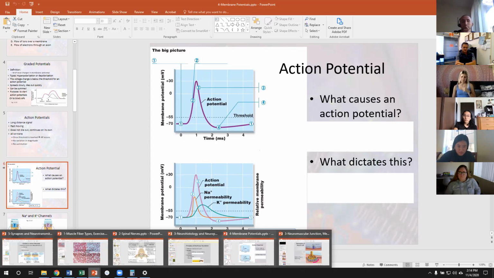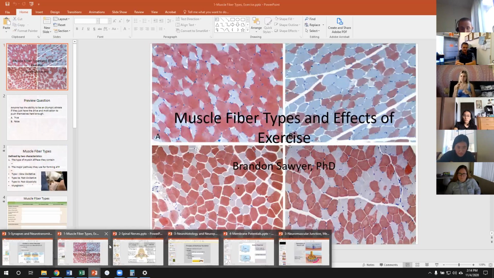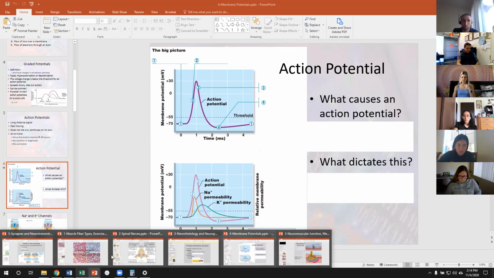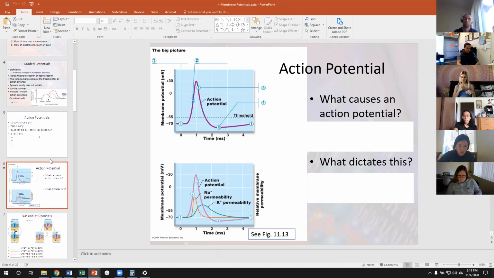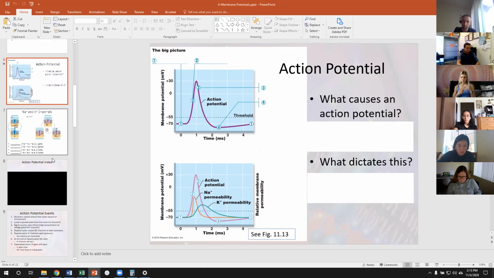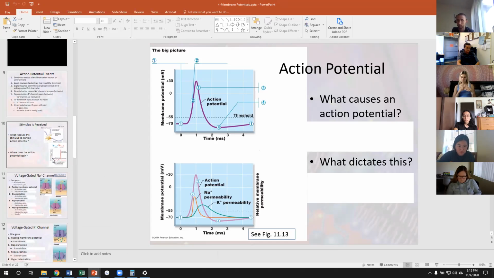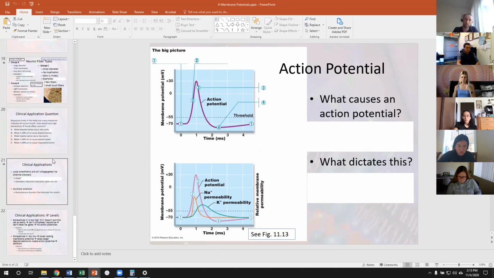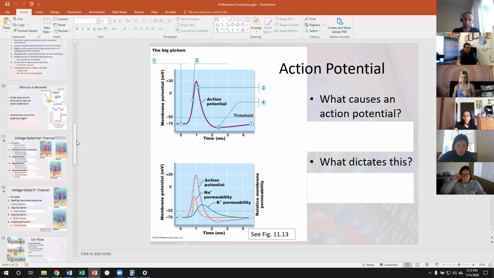Are you talking about a specific day of class? It's on the membrane potentials. Okay, membrane potentials. Sorry. Just understanding the part where we were talking about the second messenger system. I remember how you said we didn't need to know the specifics, but just getting a general understanding of what that encompasses.